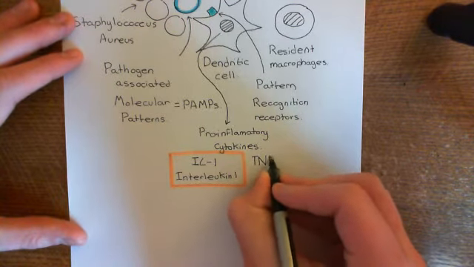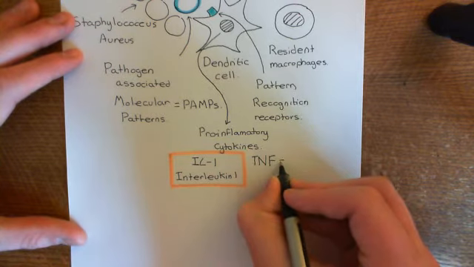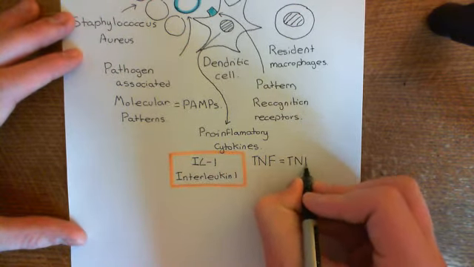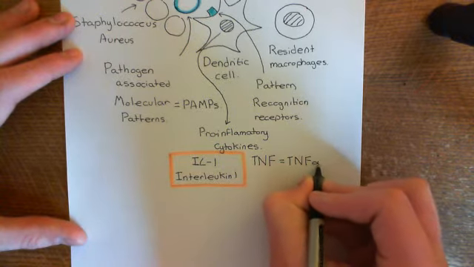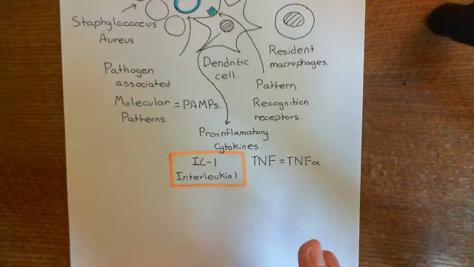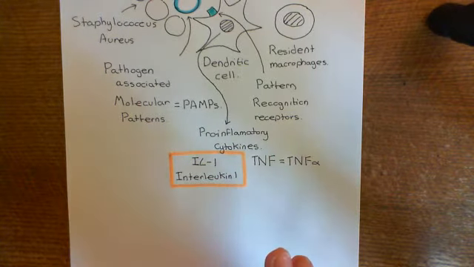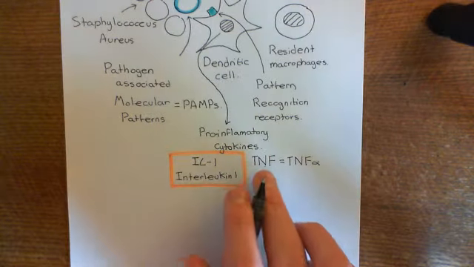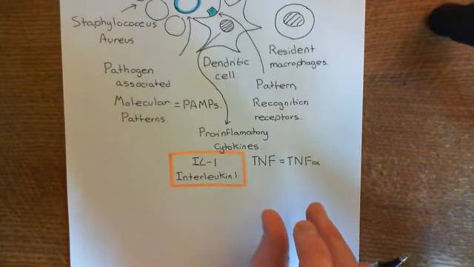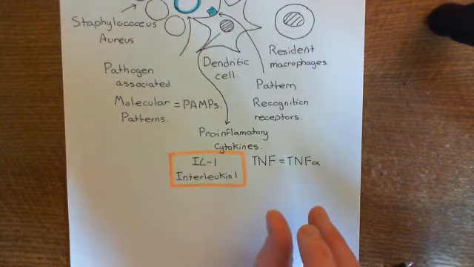And again, this is a very famous molecule. However, it's also often referred to as TNF-alpha. Now, there are different types of TNF, okay? However, the other types are pretty much trivial. So when people just say TNF or tumour necrosis factor, you can assume that they mean tumour necrosis factor alpha.